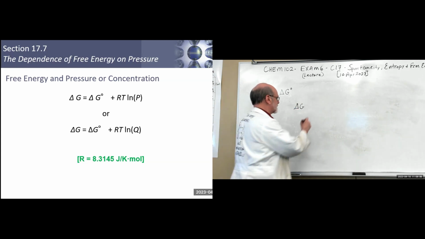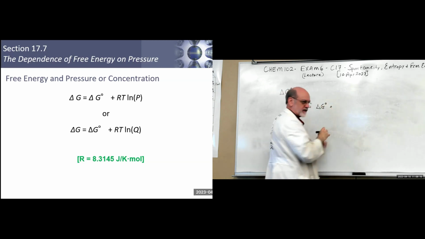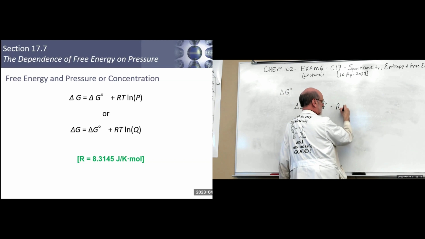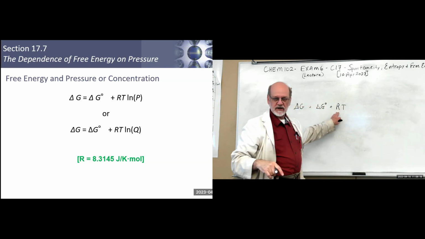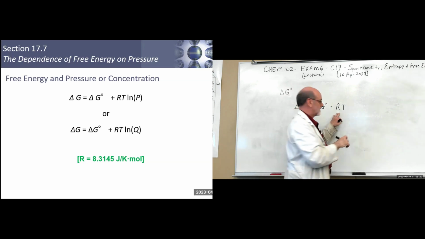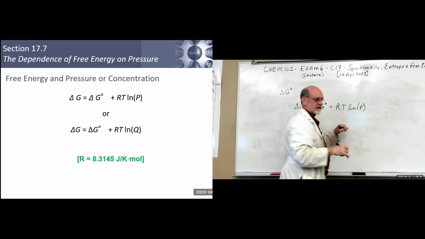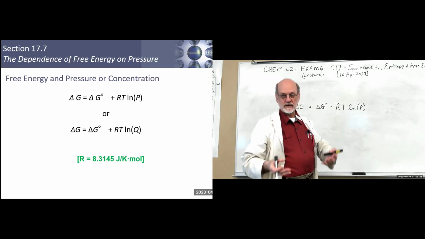If we change the conditions, then we're influencing the reaction with this part, the ideal gas constant, and then the partial pressure. And that's not just partial, that's the total pressure in the system.